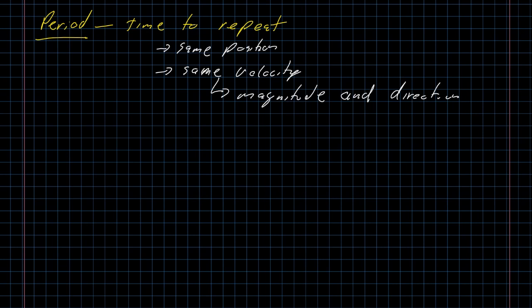The variable that we use to represent period tends to be a capital T. It is a time, so we want to use T, but we want to be able to talk about the time duration as well, so we want to use a different letter. We just got done using T to represent temperature. We're not going to be talking about period and temperature at the same time, so that shouldn't be an issue.